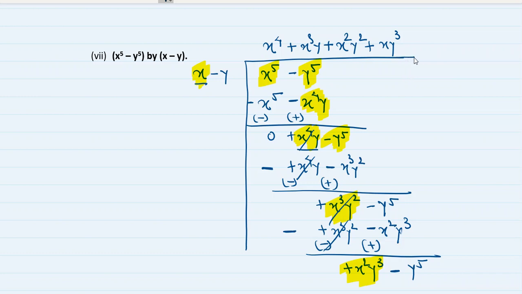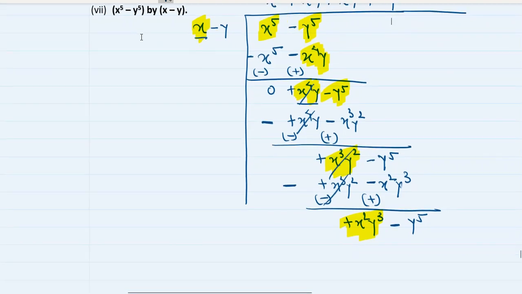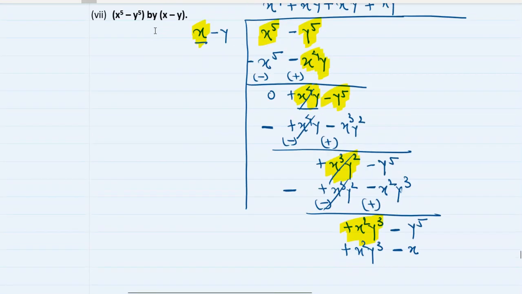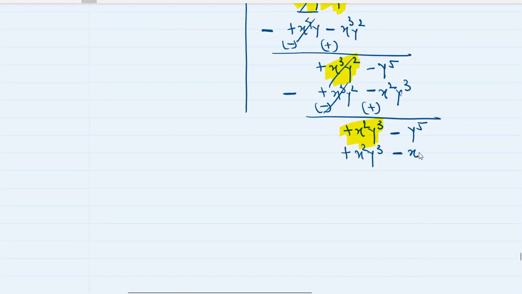Xy cube, correct. So we multiply this xy cube with x and we get plus x square y cube, and then we multiply this xy cube with y. So you get minus x y raised to 4.